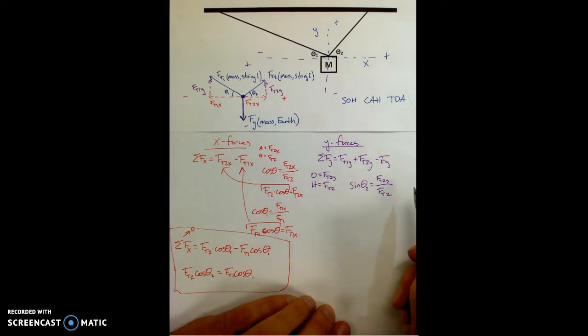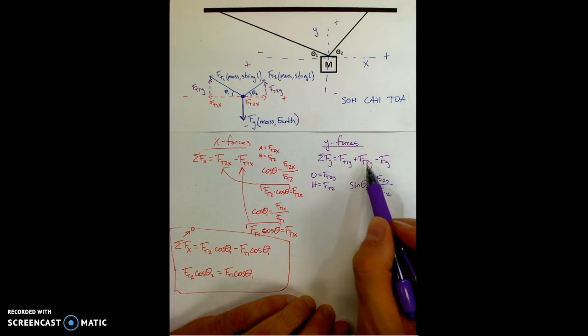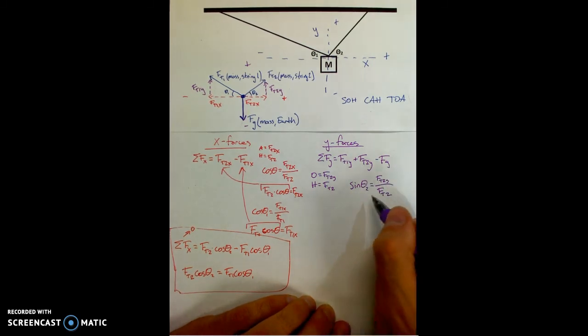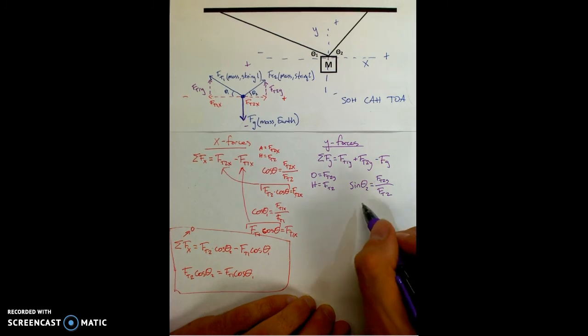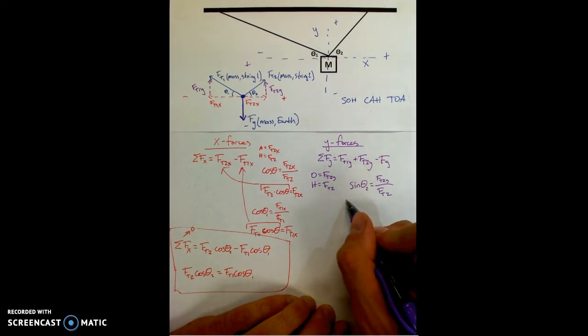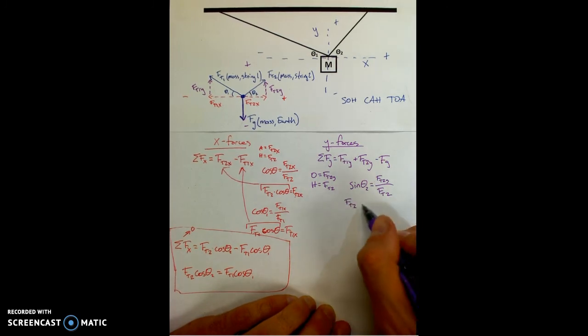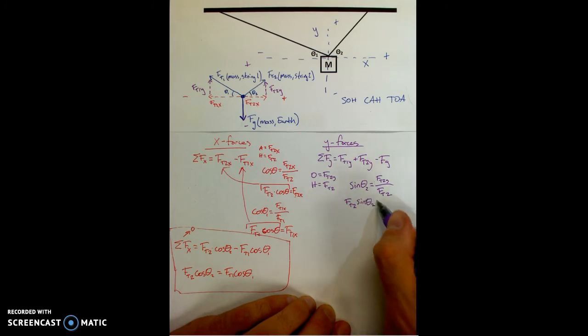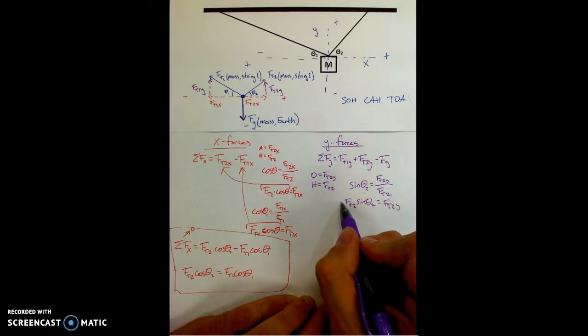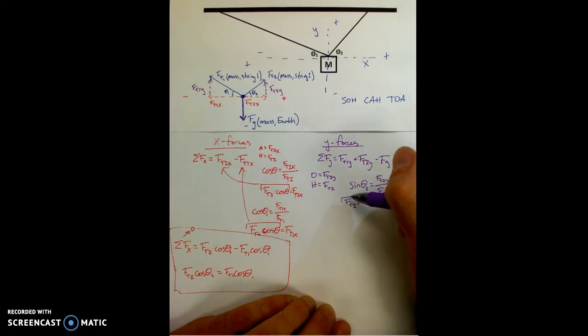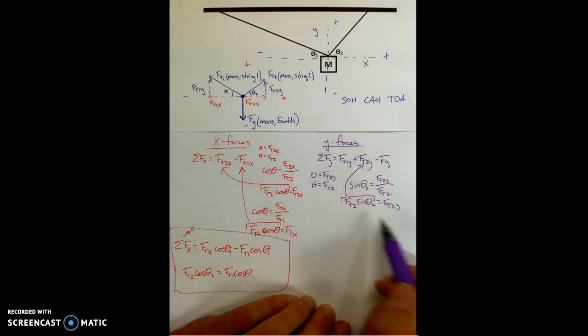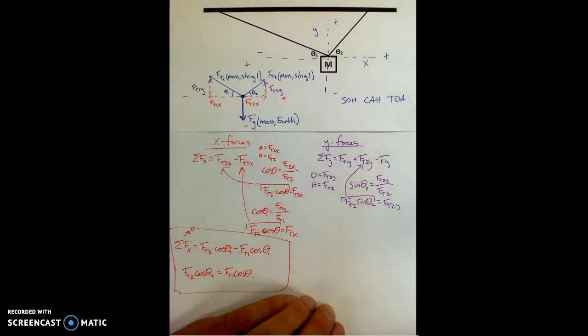And if I want to solve for that value so we can eventually plop it back in, I'm going to multiply both sides by Ft2. So my equation becomes Ft2 sine of theta 2 equals Ft2y. So I can take that and I can plug in, since we know that that's equal to Ft2y. And we can do the exact same thing for Ft1y.